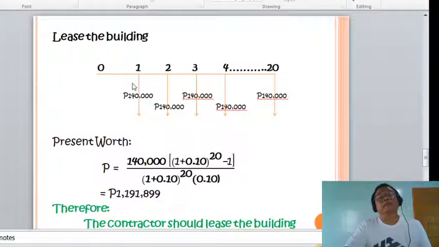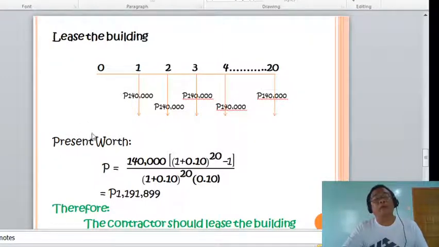Again, this is in the form of an ordinary annuity. So getting the present amount of these annuities, P equals 140,000 multiplied by ((1.1 raised to 20) minus 1) over (0.1 times 1.1 raised to 20). The computed value now, class, is 1,191,899, which is less than buying the building.